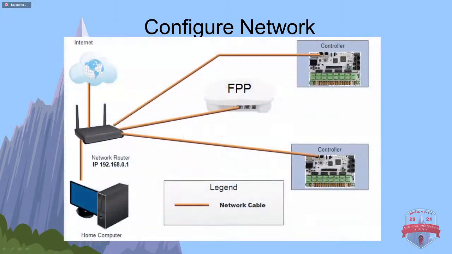So you see this configuration here, we're only using the ETH0 interface on that FPP device. So that's the only interface that you need to configure. Because that's the only one you're configuring, you're going to define it with all the settings: the IP, the net mask, and the gateway.